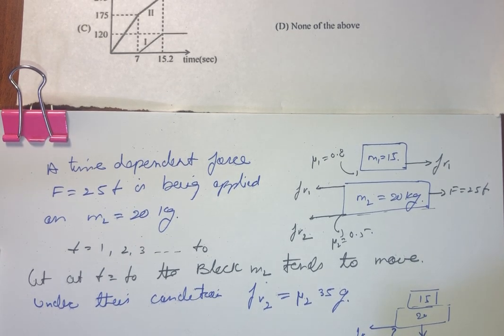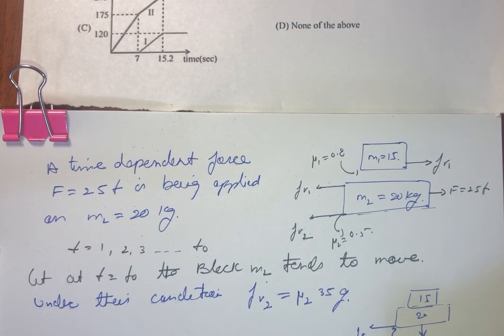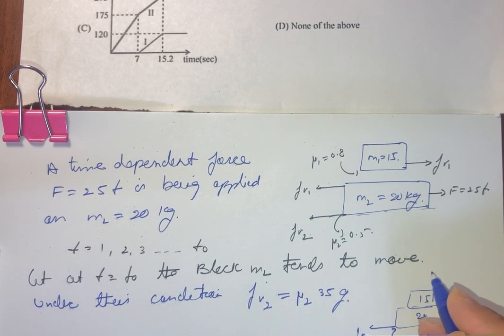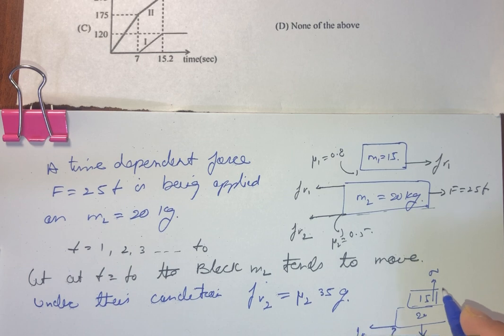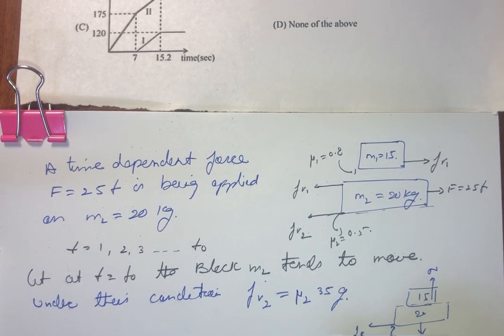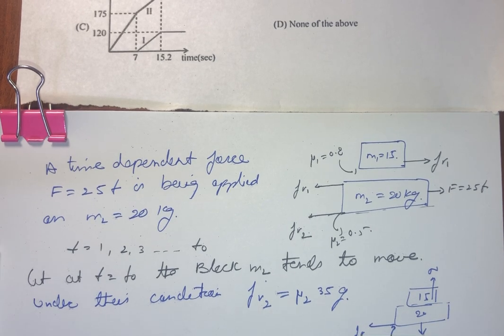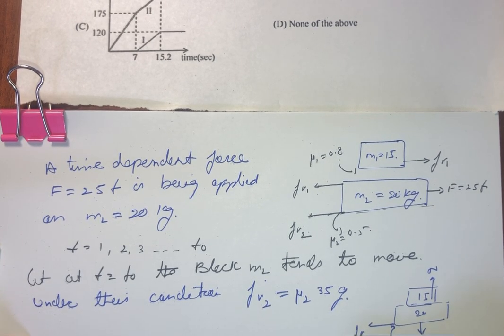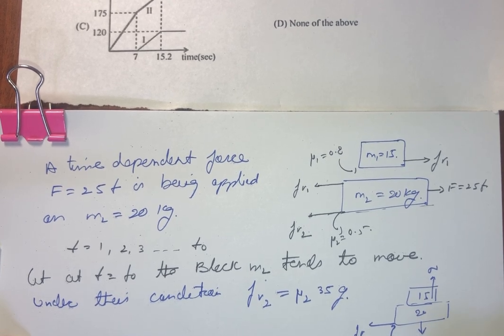In the downward direction, a total weight of 35 g will be there, and there will be normal, let us call it N. We can say our FR2 will be equal to mu2 N, and N is equal to 35 g, so this will be mu2 into 35 g.